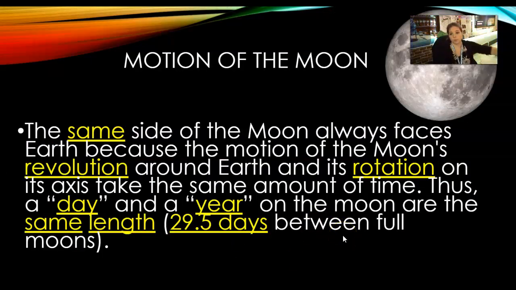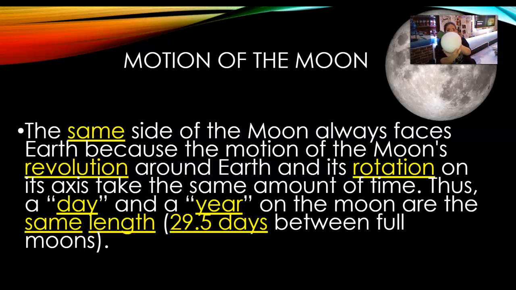And then we have the motion of the moon. We usually see this side of the moon at all times. It's because the moon's revolution around the Earth and its rotation on its axis, that means how long it takes to spin, take the exact same time, which means a day and a year on the moon are the same length. It takes 29.5 days. So when I'm going around, say here's the sun, right where my hand is, this side is always going to face the sun.